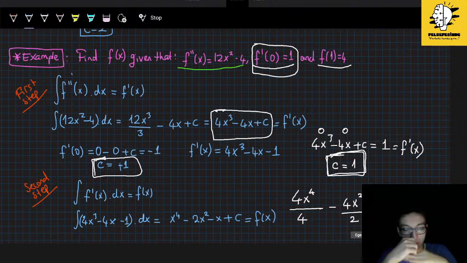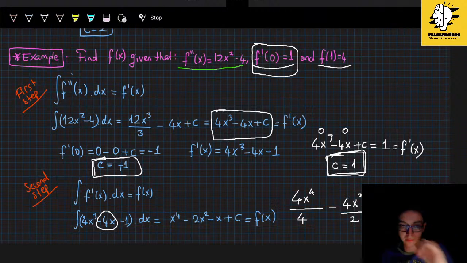If you take the differentiation of it, you will find that you have the original function here. Then we have minus x also plus c. This is our f(x).